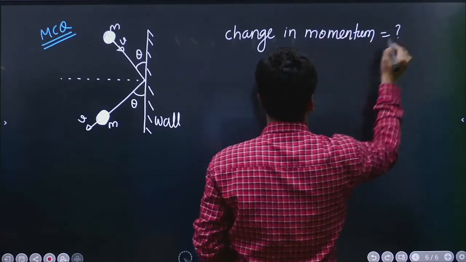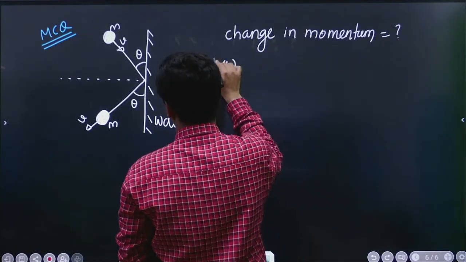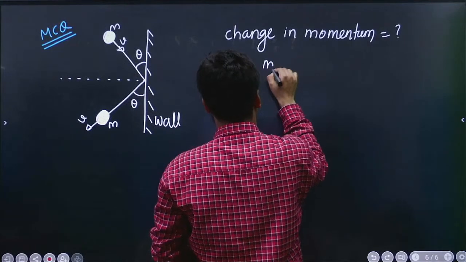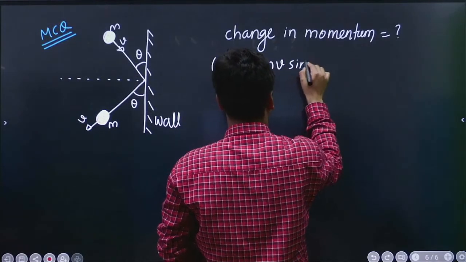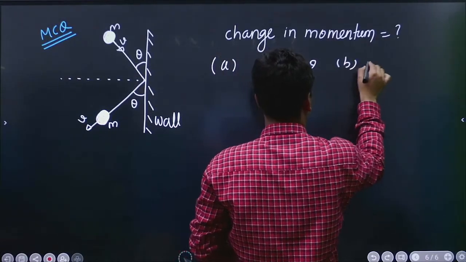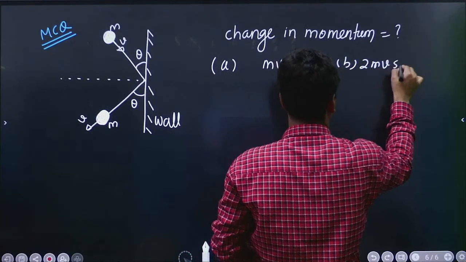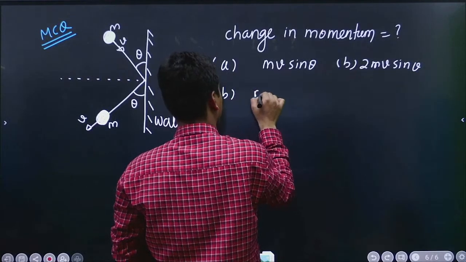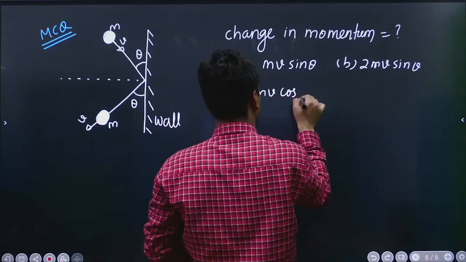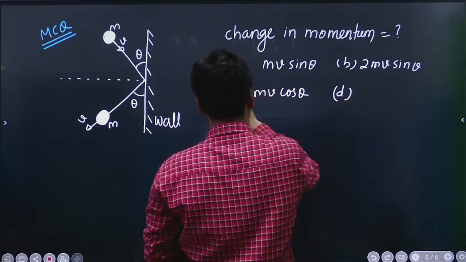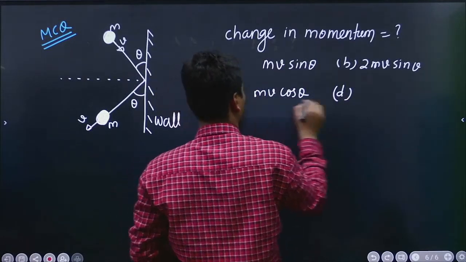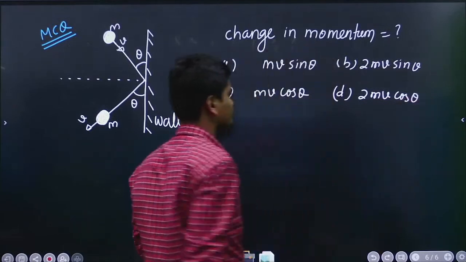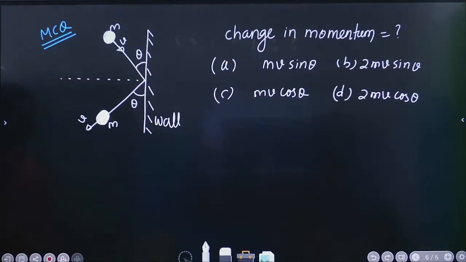Options will be like this: mv sin theta, or 2mv sin theta, or mv cos theta, or 2mv cos theta. So this type of questions will be there.